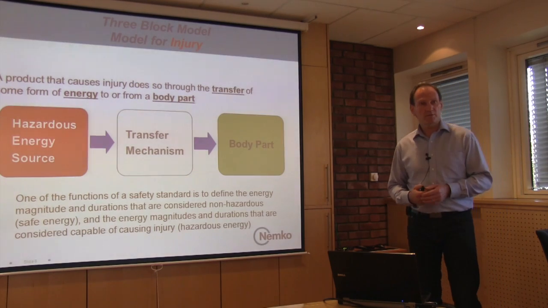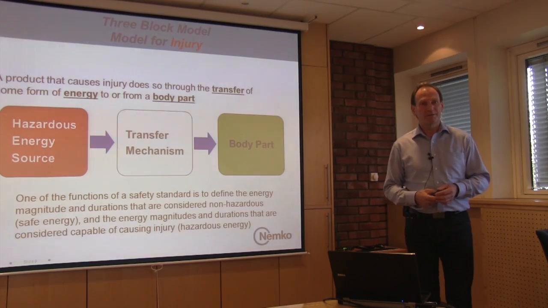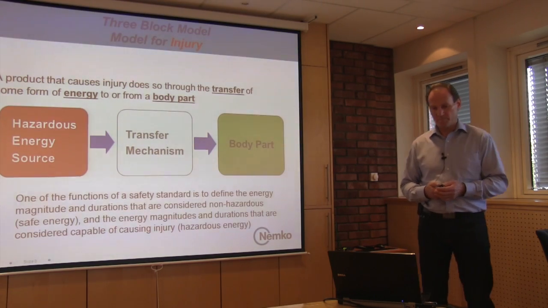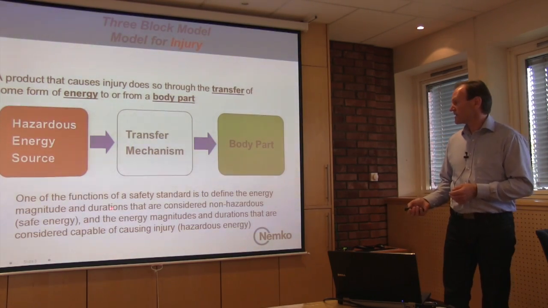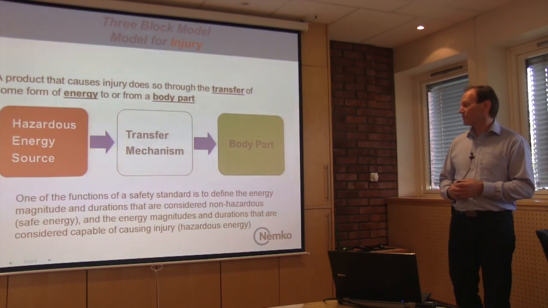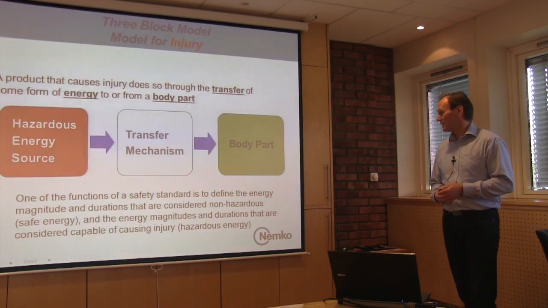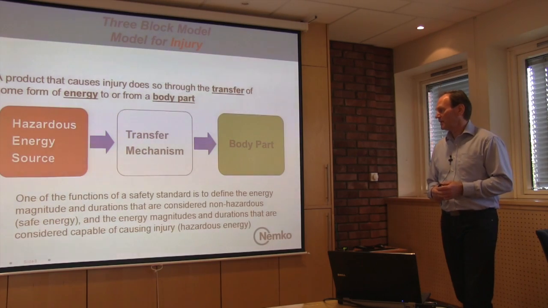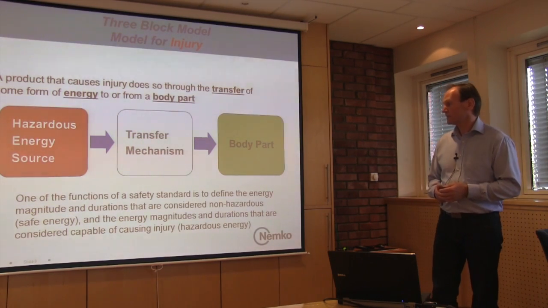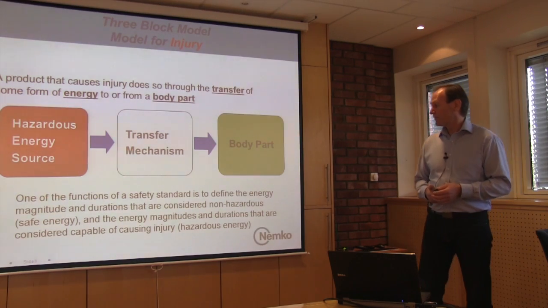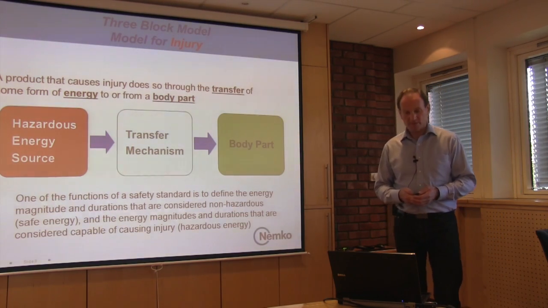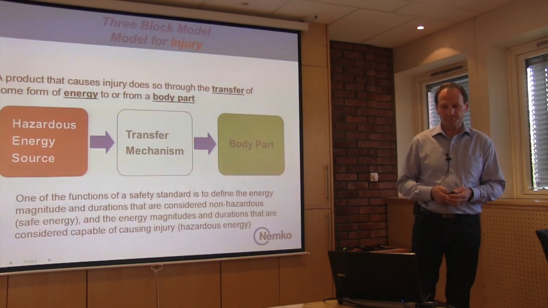So it's quite simple and what we know today. So one of the functions of a safety standard is to define the energy magnitude and the duration that are considered non-hazardous as a safety energy level, and the energy magnitudes and durations that are considered capable of causing injury as a hazardous energy.